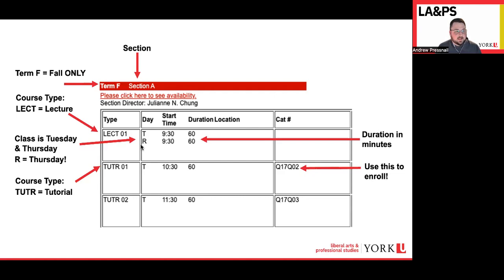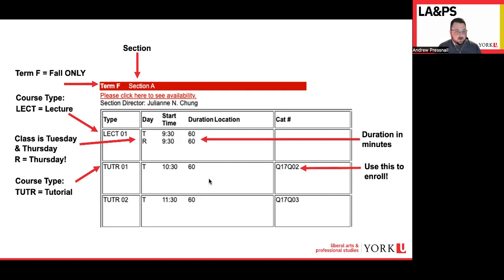So this course has a lecture component on Tuesday and on Thursday at 9:30 in the morning. This time here is always in 24-hour time. So if it was 9:30 at night, it would say 21:30. And then over here, we have the duration in minutes, 60 minutes each.